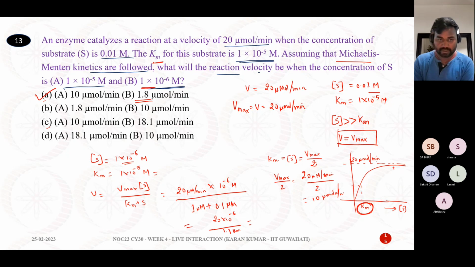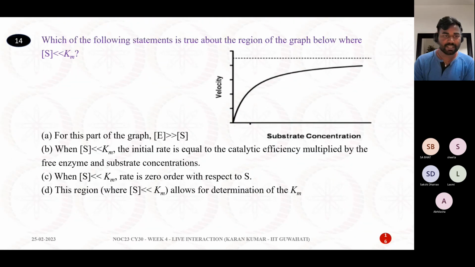Yes, sir. Okay. Now the next question is, which of the following statements is true about the region of the graph below where S is less than Km? This is Vmax. This is your Km. Now, what will be the case?